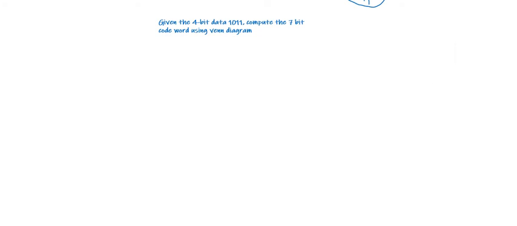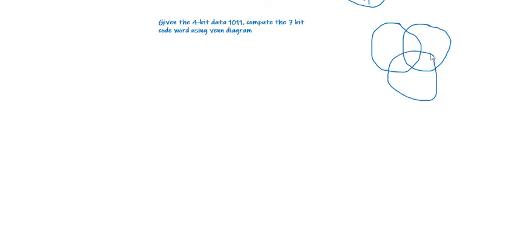Okay, so let me draw the Venn diagram. You already know how the Venn diagram looks like. I couldn't draw the circles properly, but you know the idea. So here you will be writing D1, and here comes data bit 2, and here is your data bit 3, and inside is your data bit 4.